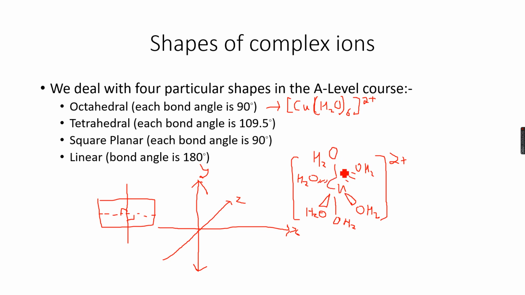If this is in my Y plane, this is in my Z plane, 90 degrees. This is in my X plane and Z plane, so 90 degrees. Though this is a wrong example because these are all in the same plane. So let's just not talk about the X, Y and Z right now. I'm just telling you that these are in one plane and all the bond angles are 90 degrees.